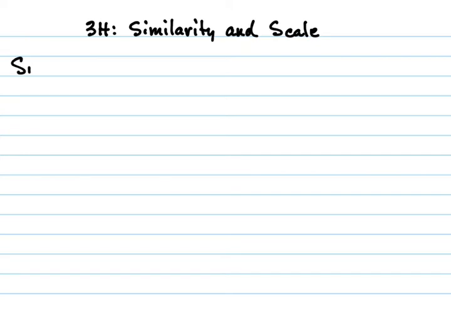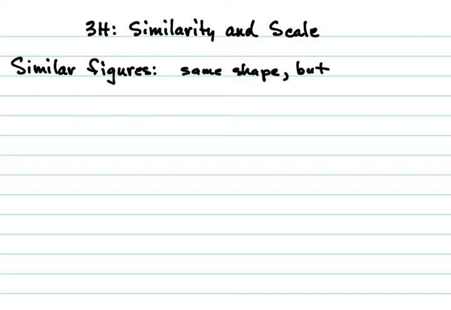The first thing we want to do is talk about what it means for figures to be similar. There are two things that you need to know about these. So you have the same shape but different size.